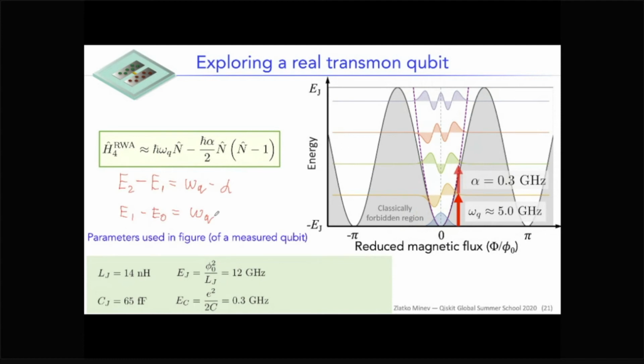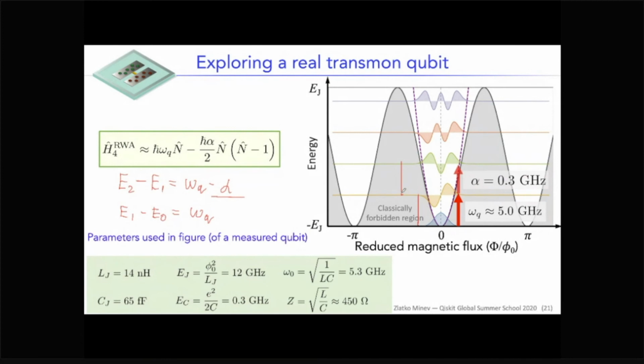And so we have finally shown from the beginning, from almost first principles, how you obtain this anharmonicity, this non-equal spacing between the first two levels and the second two levels. And the extra anharmonicity here is about 0.3 gigahertz relative to 5 gigahertz. So it's about a 10-ish% correction.